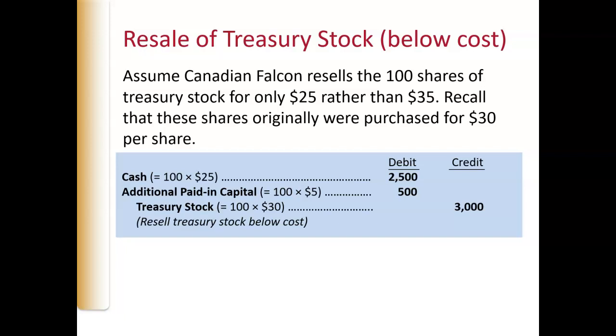But in this case, do you see how we're debiting additional paid-in capital for $500? Because we want to get rid of that treasury stock. We don't have it anymore. Okay? And since we sold it for less than what we bought it for, we need to zero it out at $30, but then we're going to debit our additional paid-in capital. Any questions on this? Does it make sense?